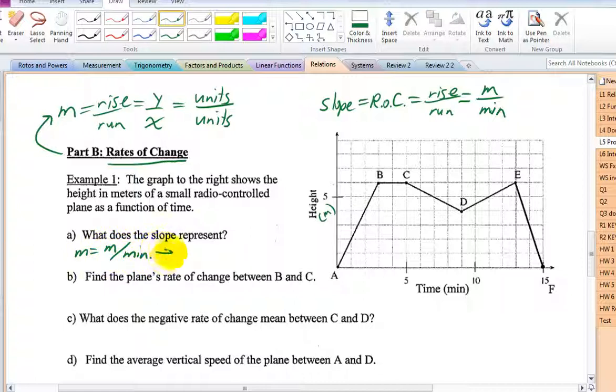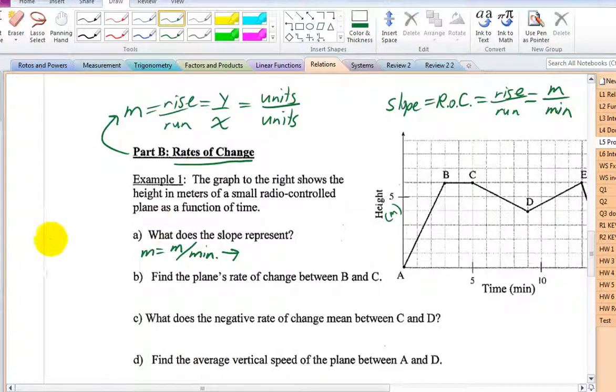What does that represent? Well, how about instead of meters, it was kilometers. Instead of minute, it was hour. You guys seen that one before? Kilometers per hour? Yeah, your parents probably know that one when they drive. So this represents speed. Okay.